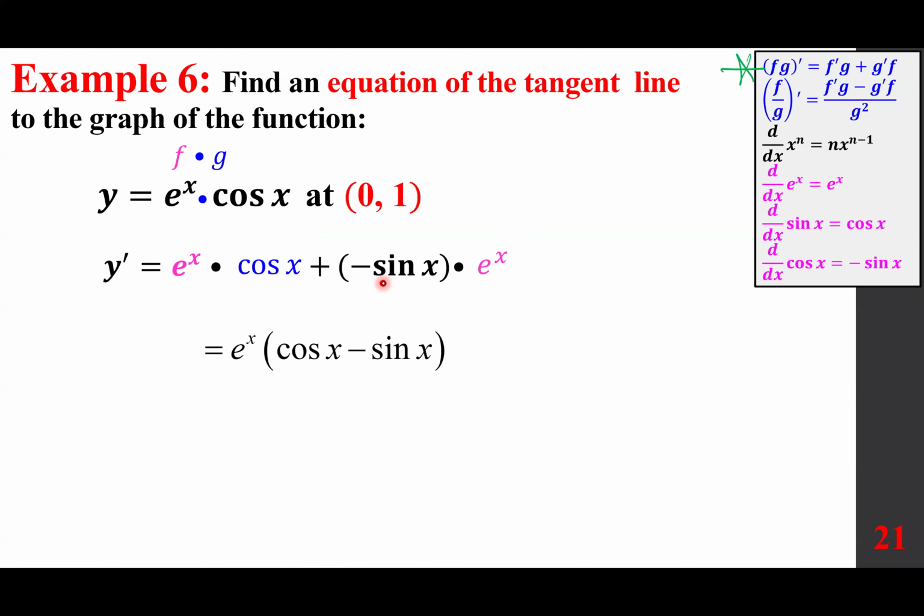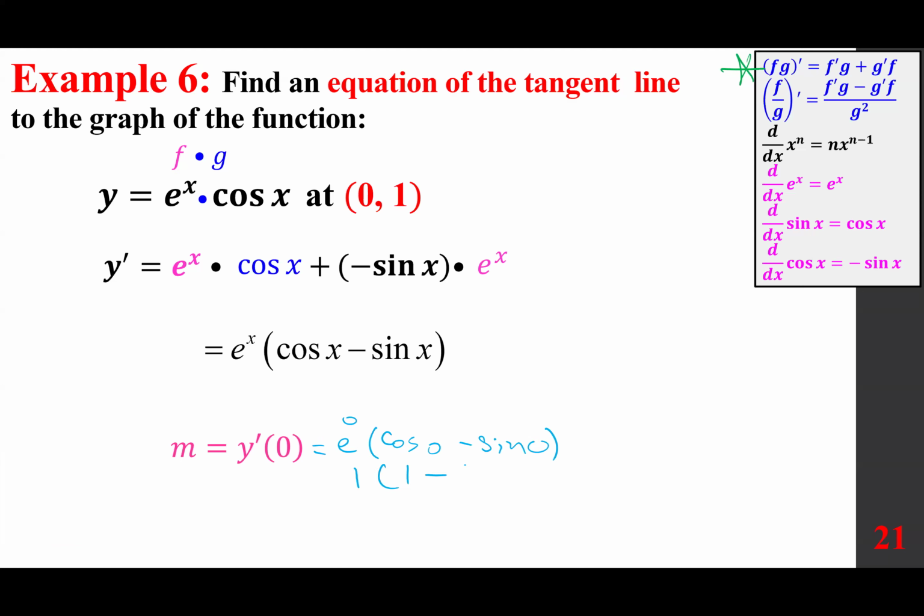But it's not the slope. We plug in and we replace the x with 0, becomes the slope. So m is y prime evaluated at 0, which means e to the power of 0, cosine of 0, minus sine of 0.